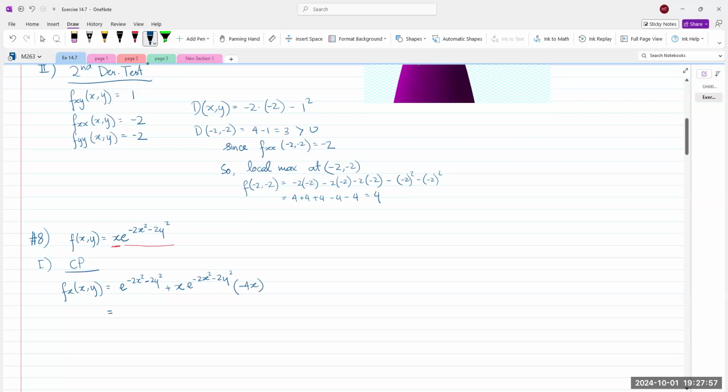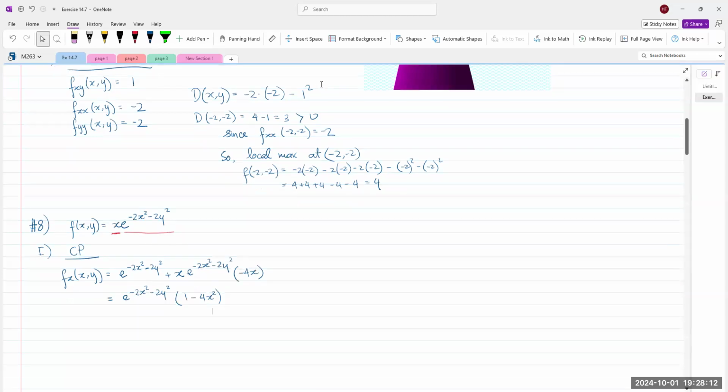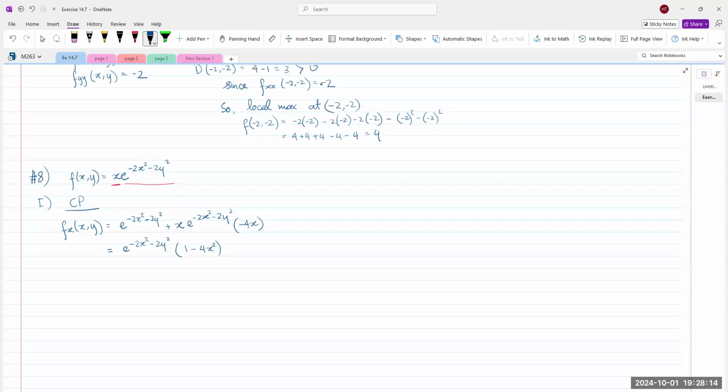Let me factor the e to the blah out, and that's 1 minus 4x squared. I will set this equal to 0 later, but let's leave it like that for now.